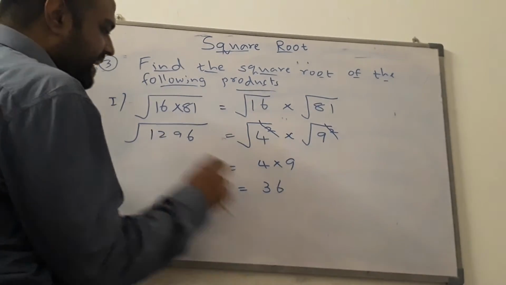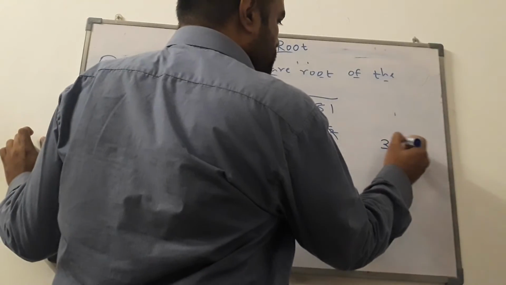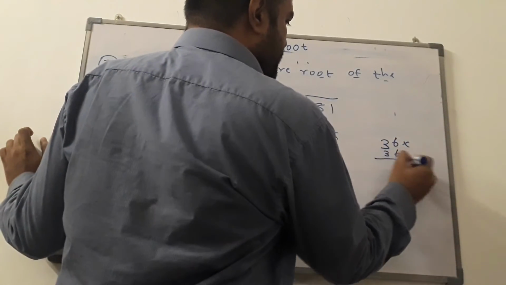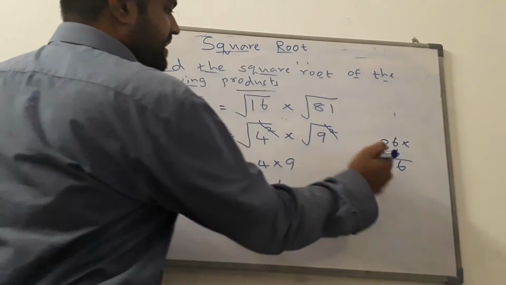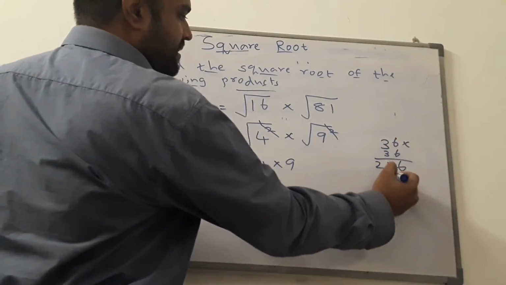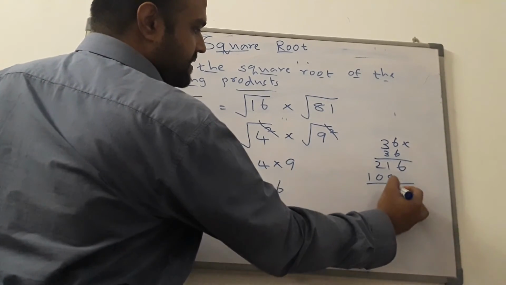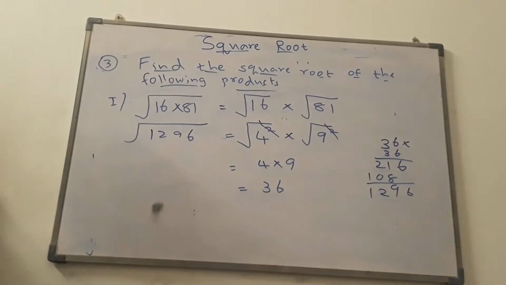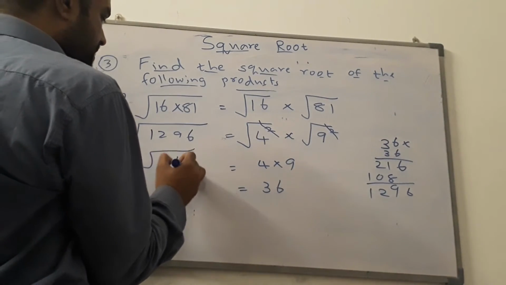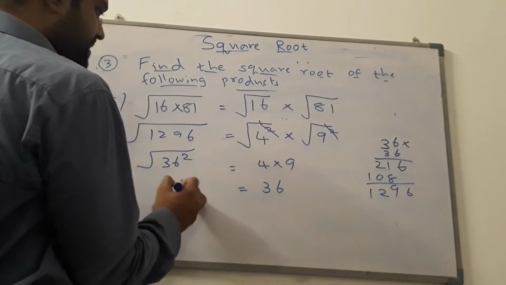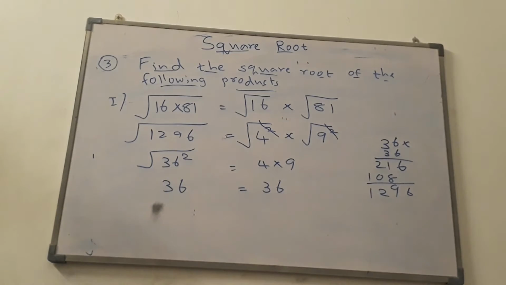If we check 36 times 36, 6 times 6 is 36, 3 times 6 is 18 and 3 is 21, and so on. We get 1296. That means this is equal to 36 squared. Answer is 36.